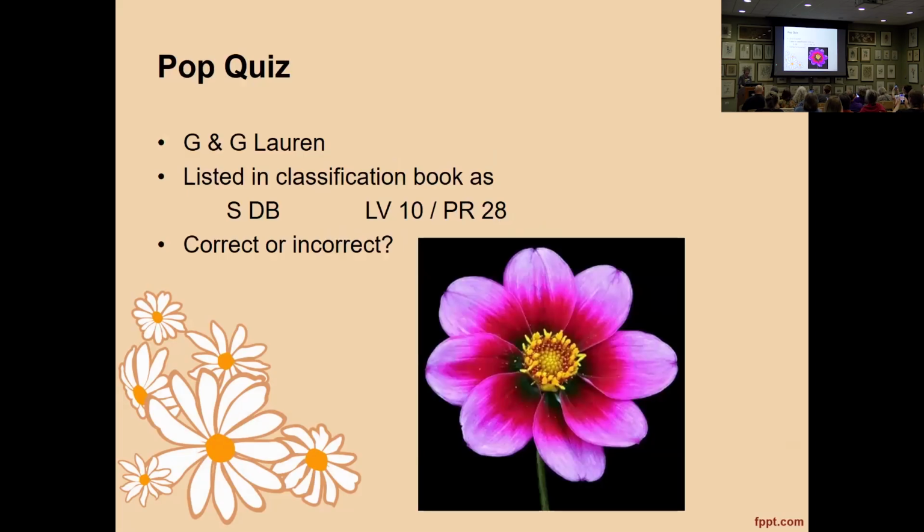Pop quiz. G&G Lauren. It's listed as a single dark blend, lavender 10 slash purple 28. Is this correct or incorrect? Okay, the purple, actually, should it be lowercase? No, it should not be lowercase because it is part of the blend.